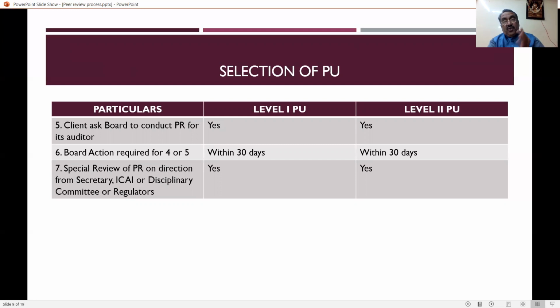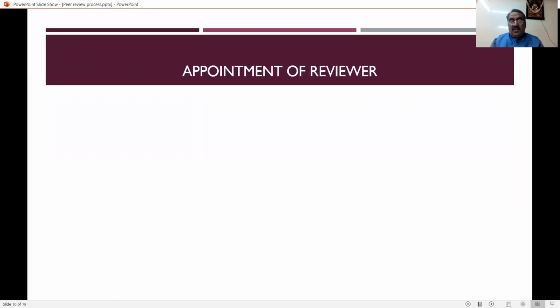So it is not only you, even your client also can ask the peer review board to conduct the peer review. And on receipt of this, the board has to take action within 30 days of the receipt of the letter. And in case any special review direction is received from the ICAI secretary or the disciplinary committee, yes, the peer review has to be conducted for that level 1 or level 2. That is also. Now, appointment of reviewer.